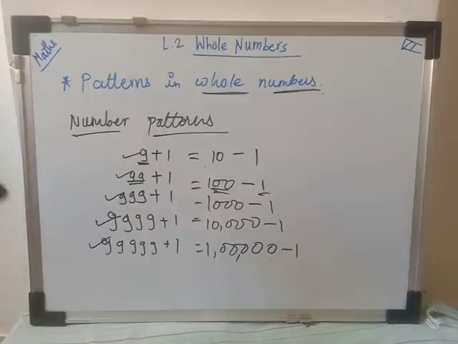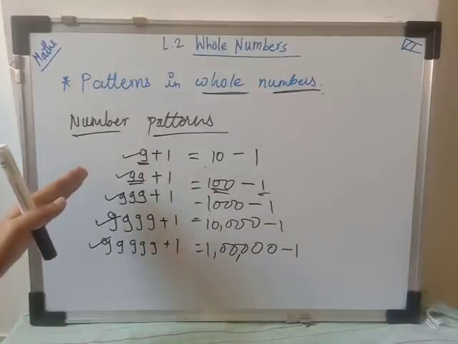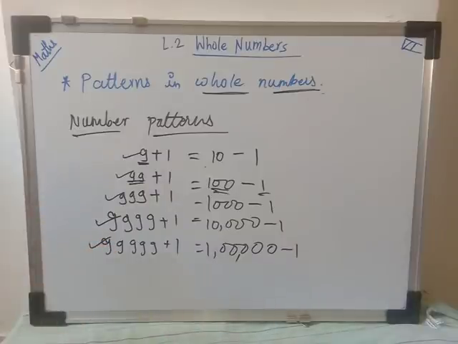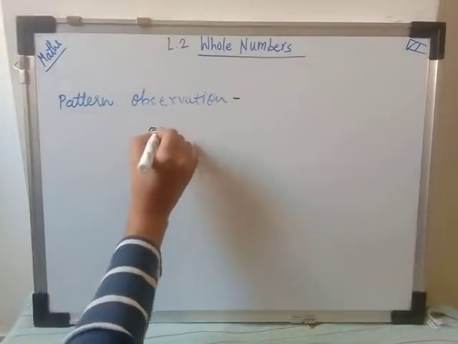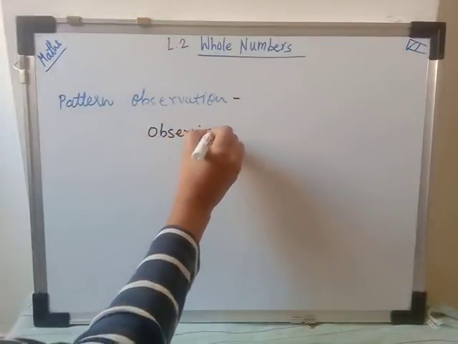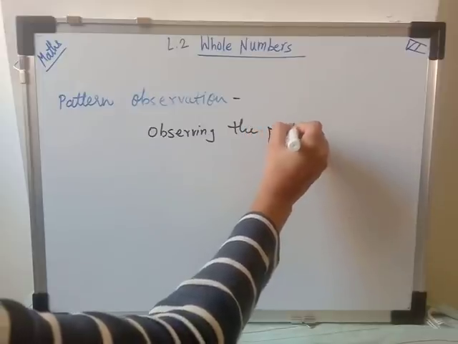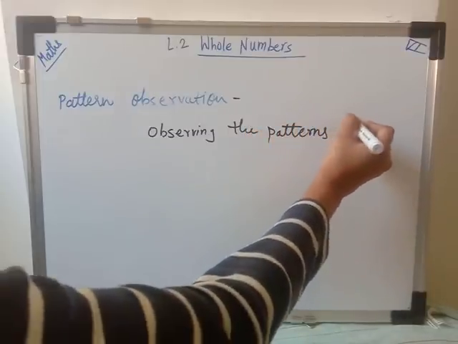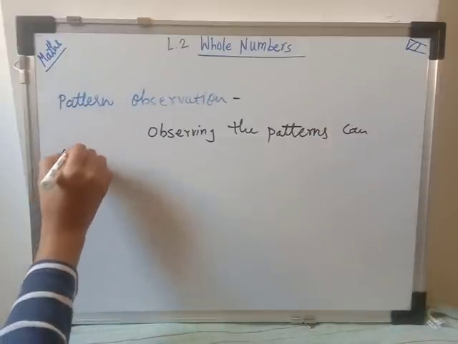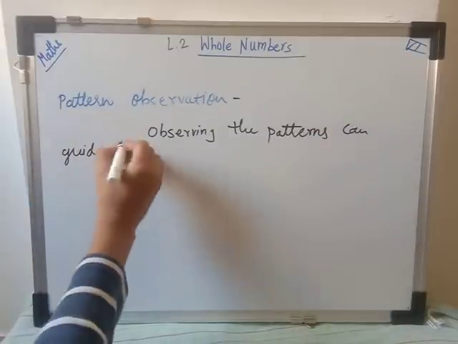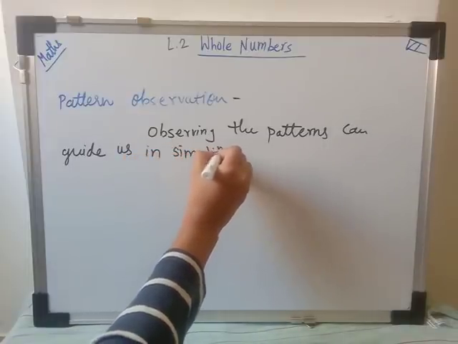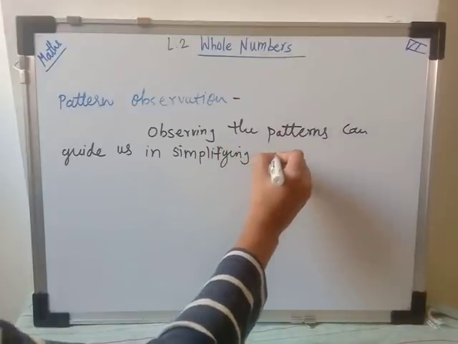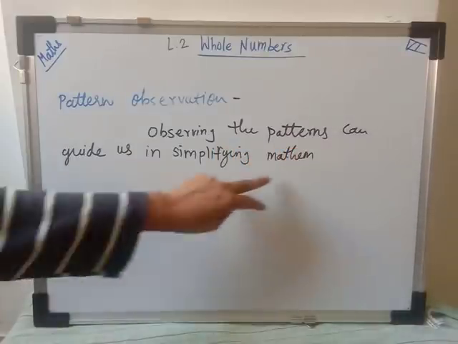Okay, to help when you are observing the pattern, it helps us to simplify that process. Just now I said pattern observation helps us, meaning observing the patterns can guide us in simplifying mathematical calculations. Why am I using mathematical?